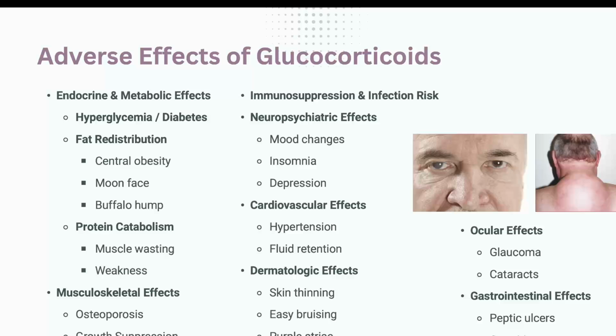In the beginning, the lipolysis supports the body with energy, but continuous long-term use of glucocorticoids leads to redistribution of the fat in the face, central obesity, or in the neck, buffalo hump.